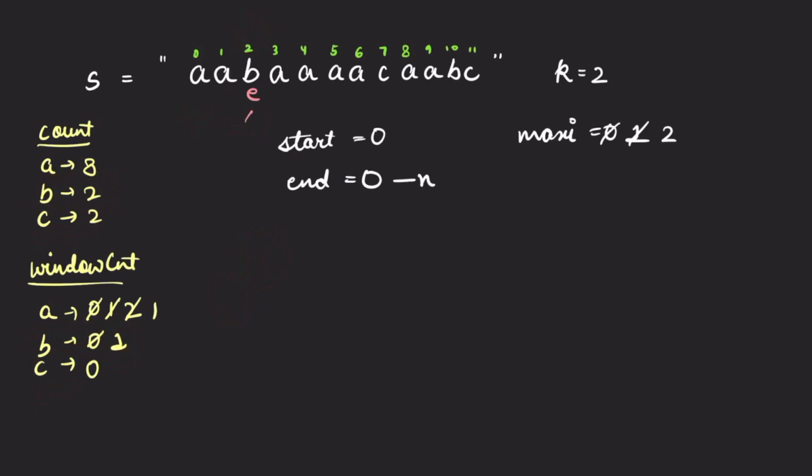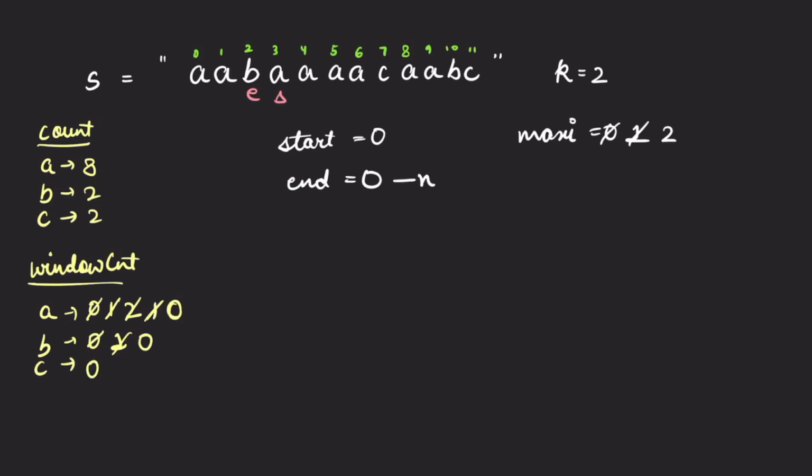Start will come here now and this will become 0. We will again move the start forward. Start will come here now and B will be 0 again. But now our start has crossed the end, so we cannot move start any further. We will have to move end towards the right, because start will always be present before the end.